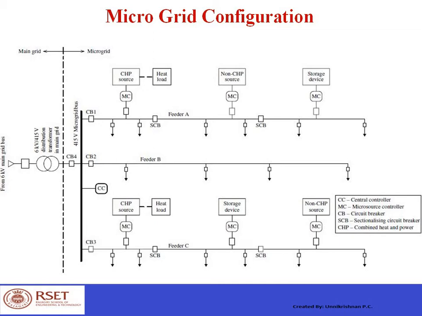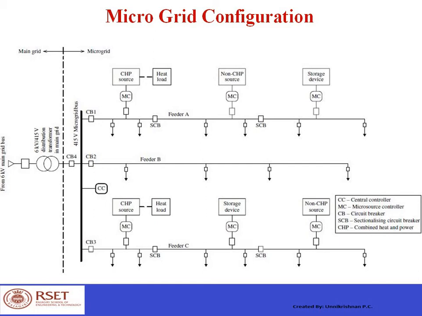We will see the central controller in detail later. The microgrid bus is connected to the main bus, and you can see another circuit breaker, CB4, between the microgrid and the main grid. So by opening CB4, we can disconnect the microgrid from the main grid.